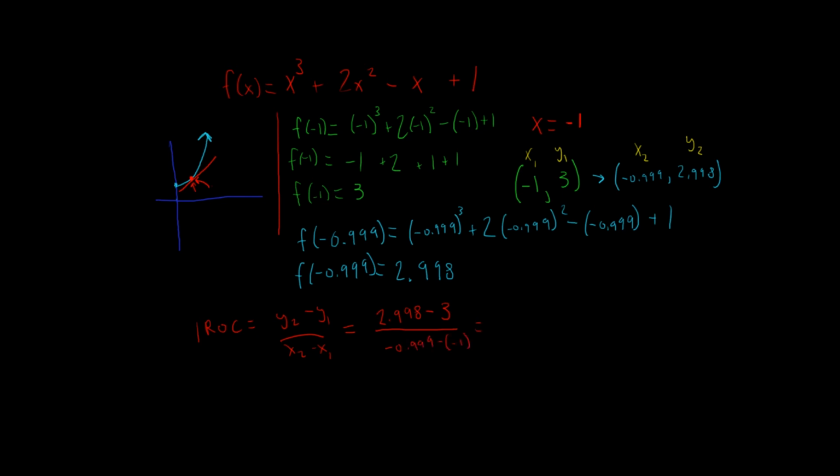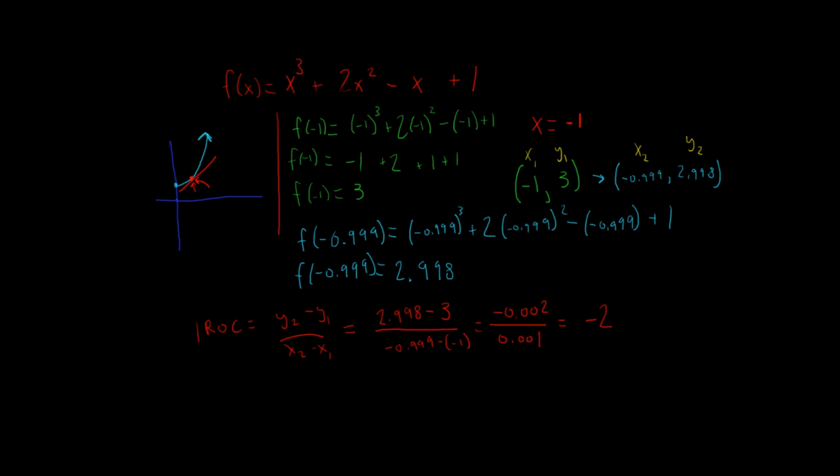That's negative 0.002 over negative 0.999 plus 1, because a negative and a negative, and that is 0.001. So that's negative 0.002 divided by 0.001. Yeah, that's going to be negative 2. So the instantaneous rate of change for this one will be negative 2.